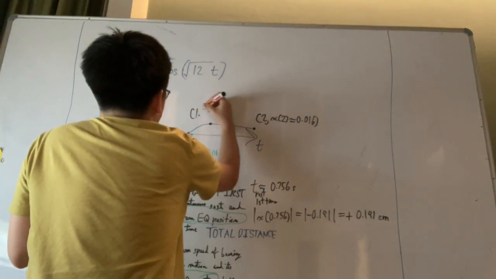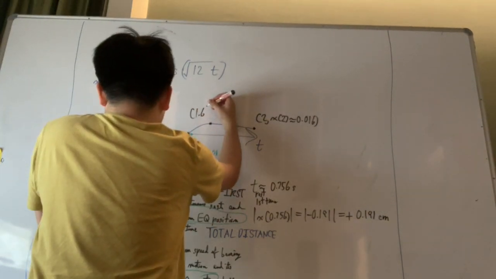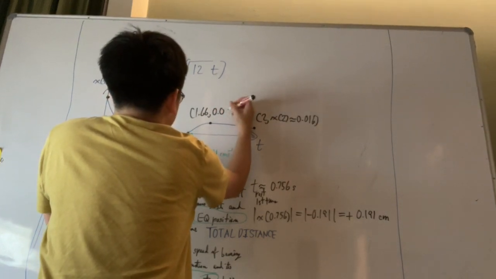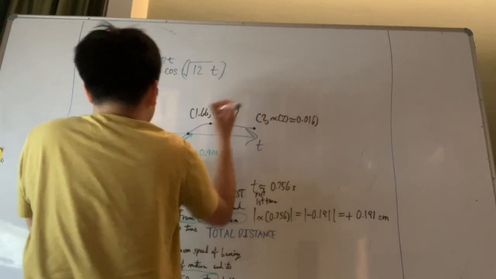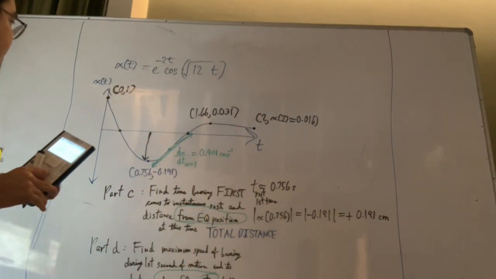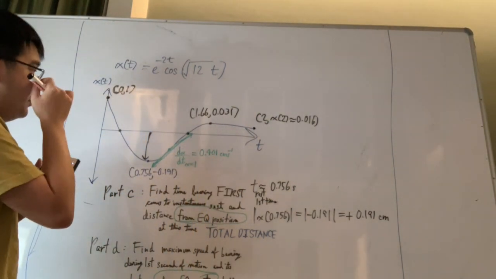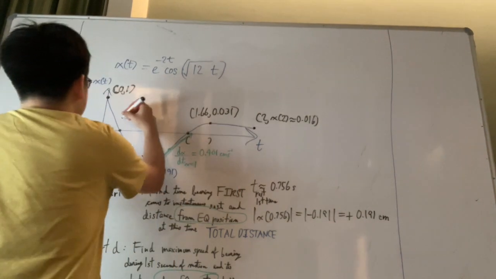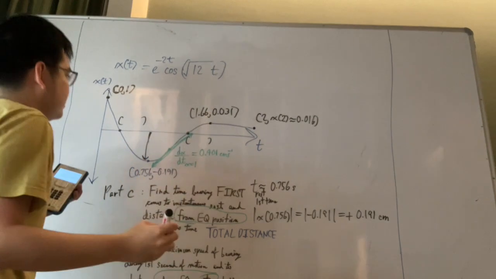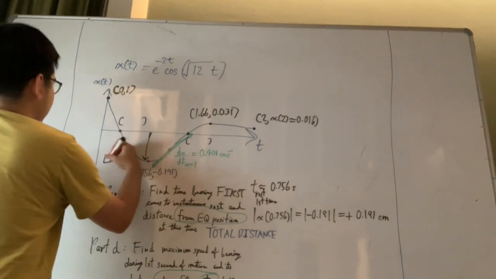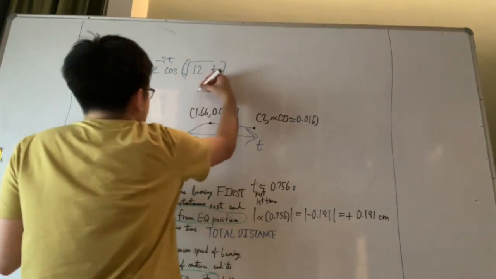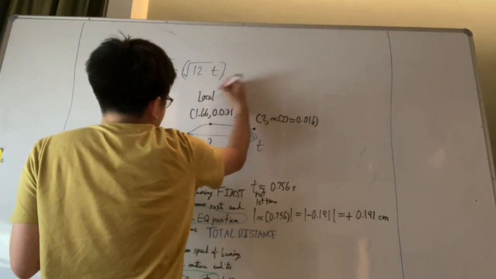So this is 1.66, 0.031. And I have to care about these two zeros as well. So this is a local minimum. This is a local max.